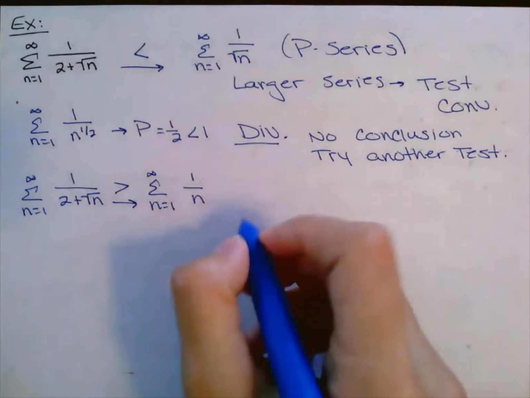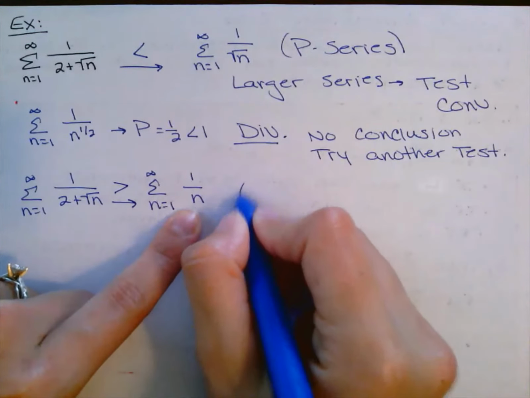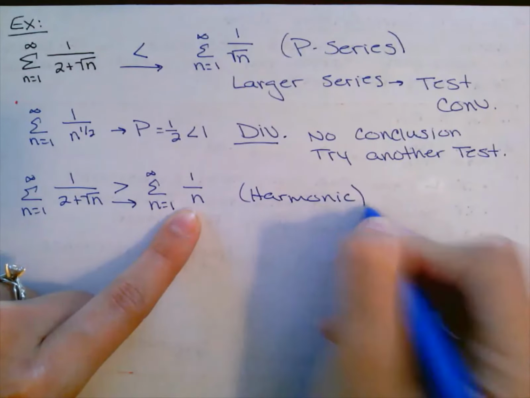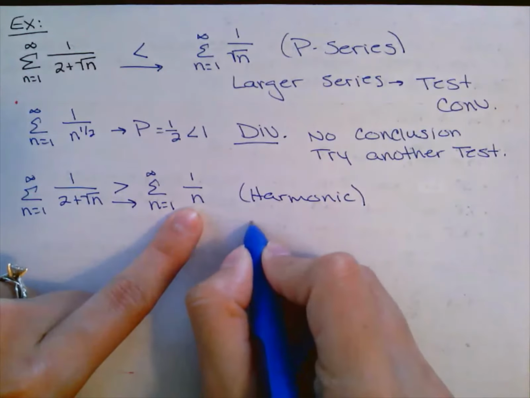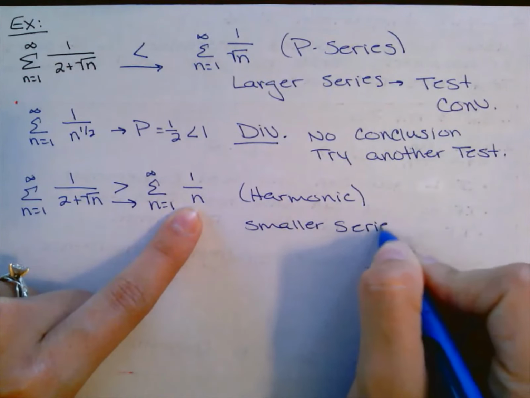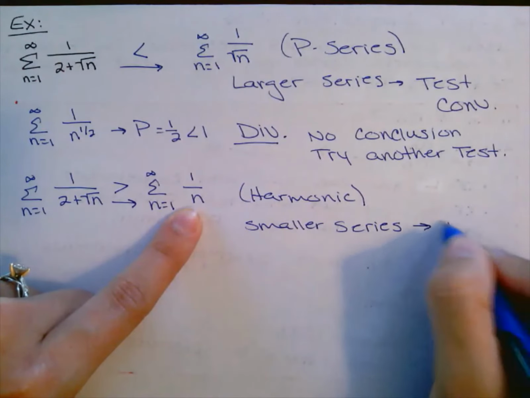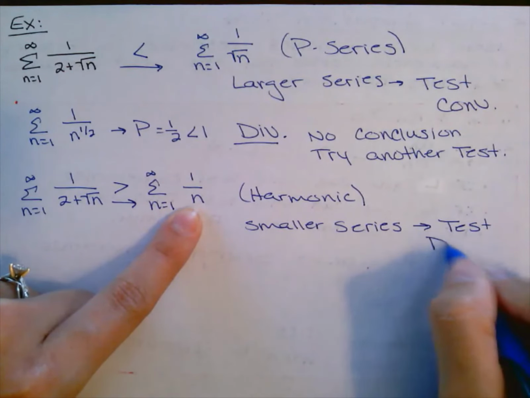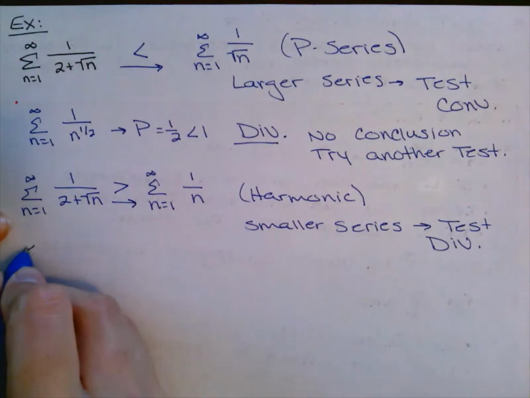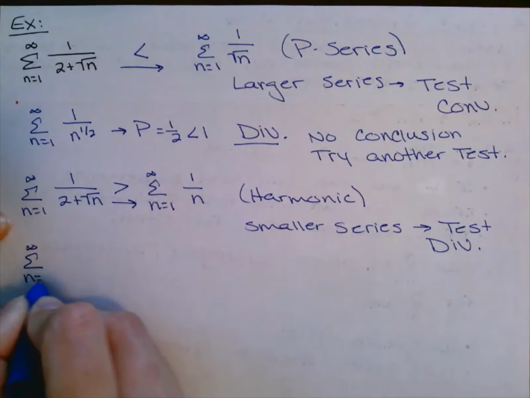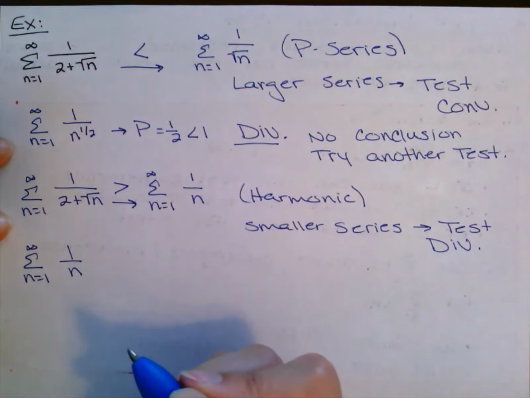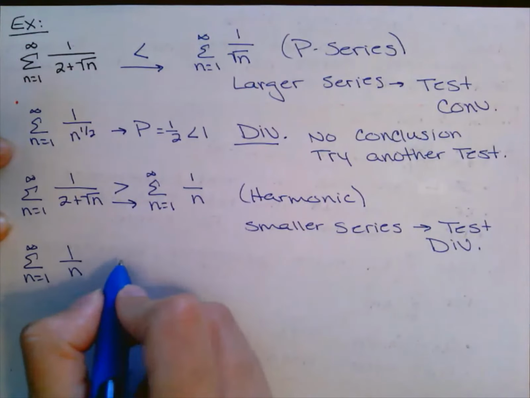So now that I proved, which this one's harmonic, okay, now that I proved that I'm working with the smaller series, right, I can test for divergence, okay? And now, if you start to have these memorized and you recall, you know that a harmonic series diverges, okay?